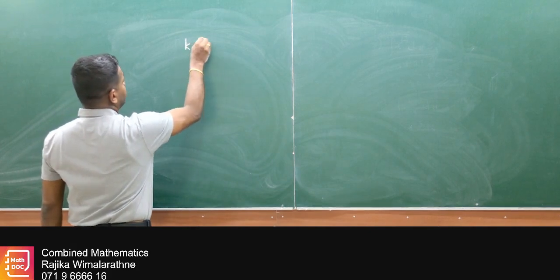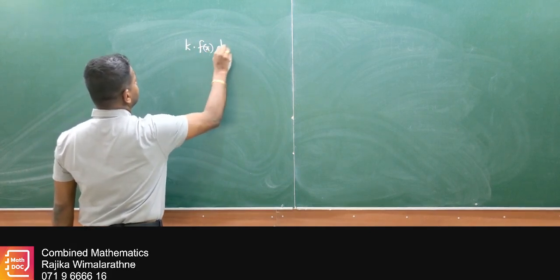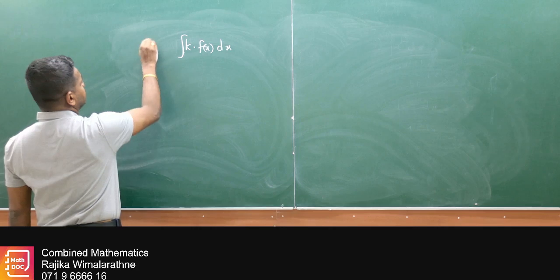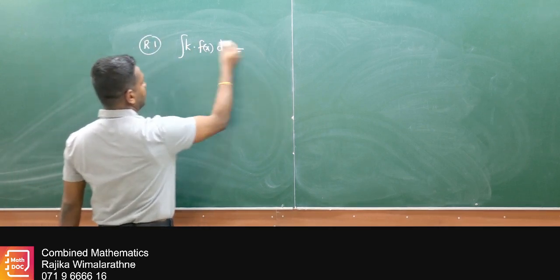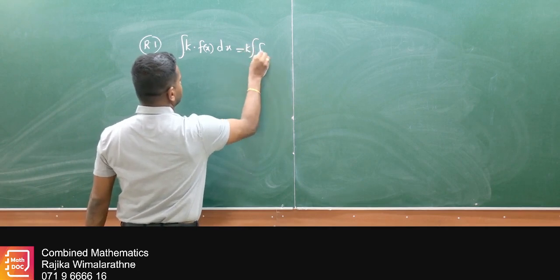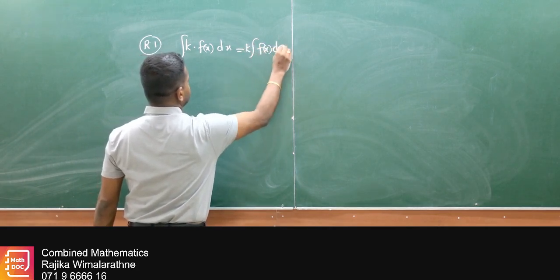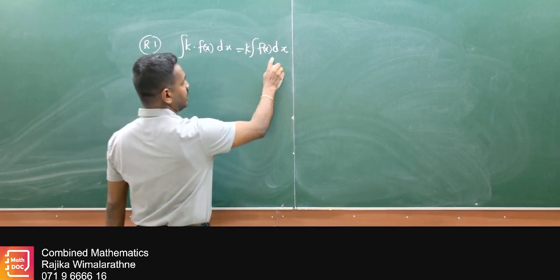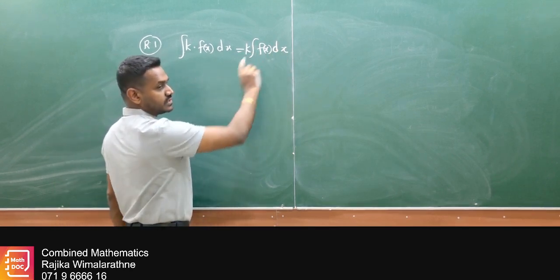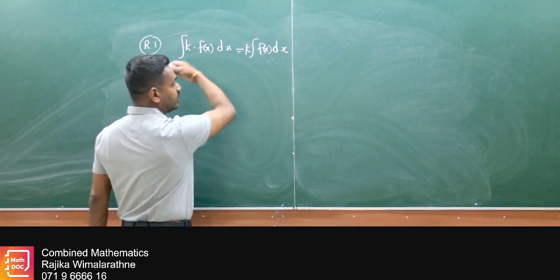Okay, see this. Constant times function integral, here is rule 1. Rule number 1: you can take the constant outside, only constant. You can't take any variable outside. You can take only constants. Still, I haven't integrated, so no need to put c. I took only k outside.